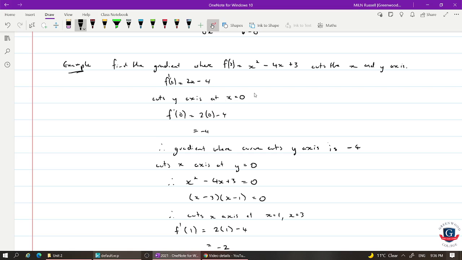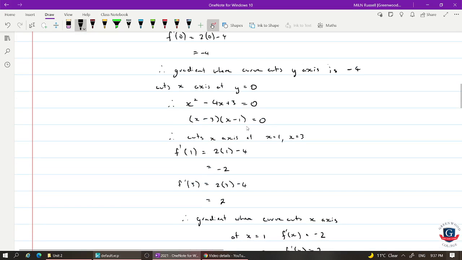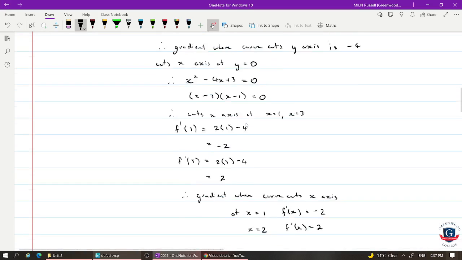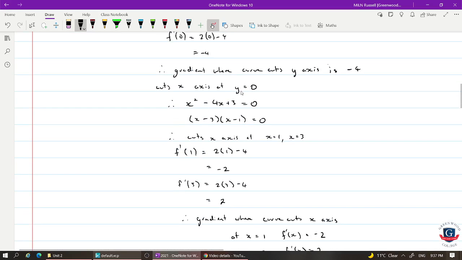Cuts the y-axis at x equals 0, so substitute 0 into the first derivative, and you'll get minus 4. So that's the gradient at x equals 0 for the y-intercept. Now, if we're doing the same for the x-intercepts, we need to know where it crosses the x-axis, so that's when y equals 0.